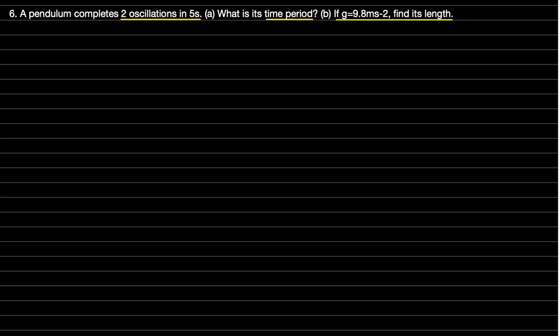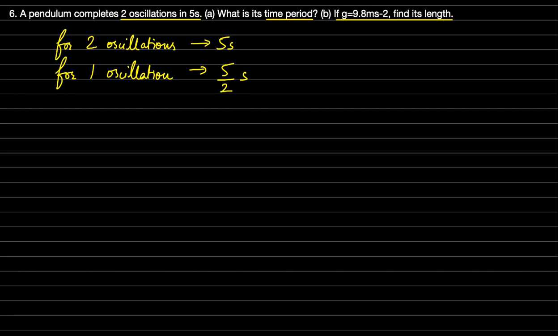So I will write for 2 oscillations, it takes 5 seconds. So for one oscillation, it will take 5 divided by 2 seconds.